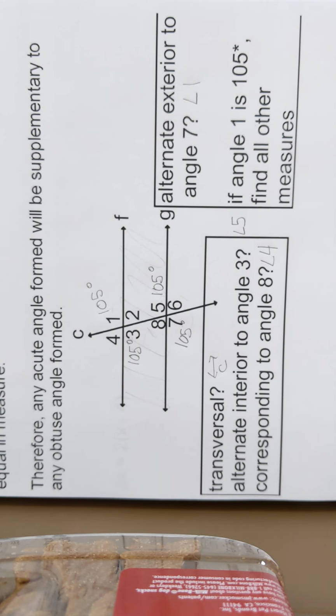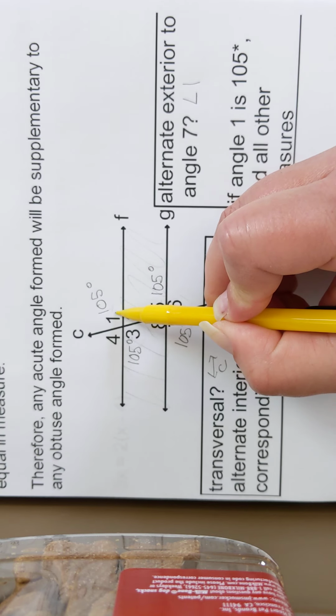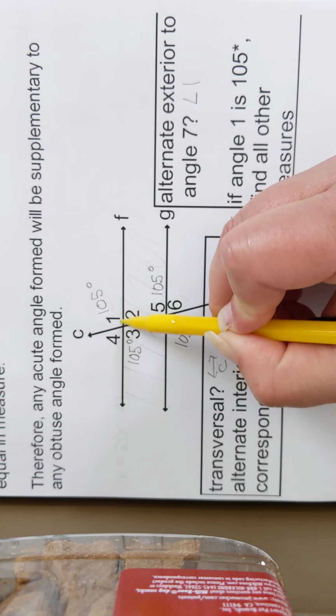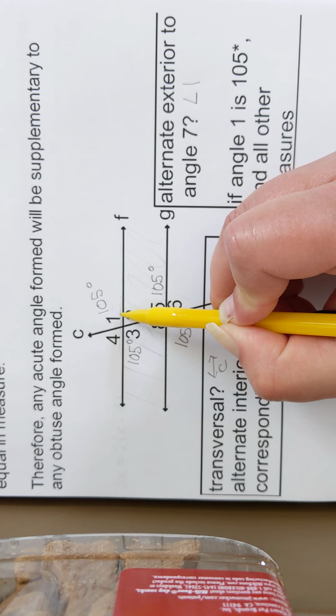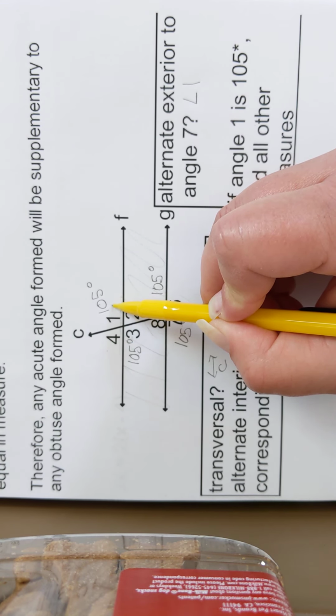Now I need to find the measure of an acute angle. And then all of the acute angles are going to be the same. So let's just take angles 4 and 1. They are supplementary because they form a straight line here. So whatever this is, plus 105 has to equal 180 degrees.